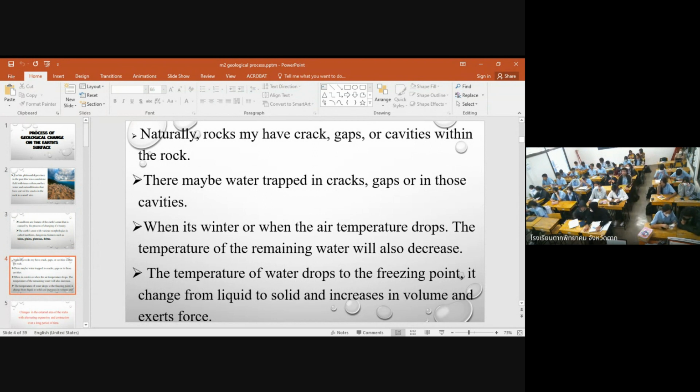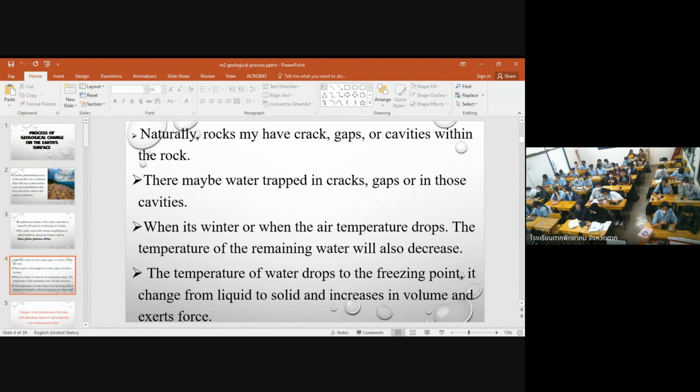There may be water trapped in some of those cracks and gaps. For example, the rock has its crack and there is some water stored in the crack. In the winter, there may be water trapped in the cracks or gaps of the rocks.